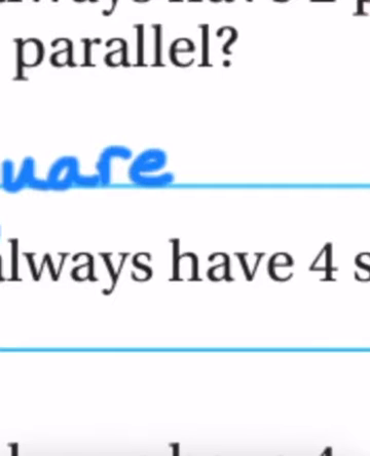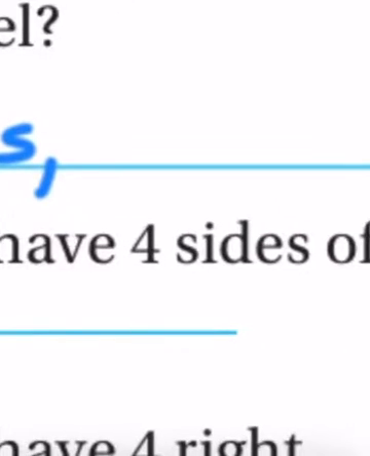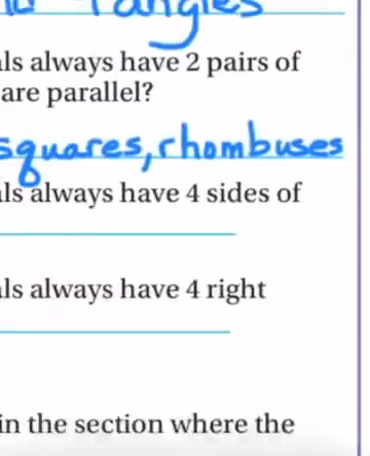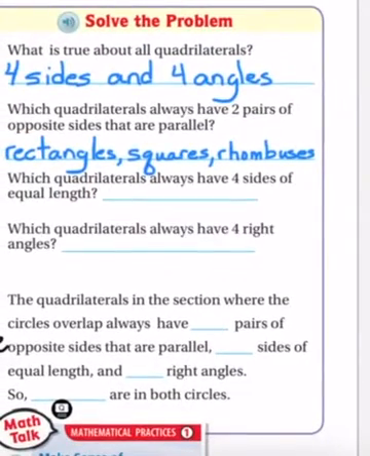Can you think of what it is? Rhombuses. Those three all have two pairs of opposite sides that are parallel. Rectangles, squares, and rhombuses.